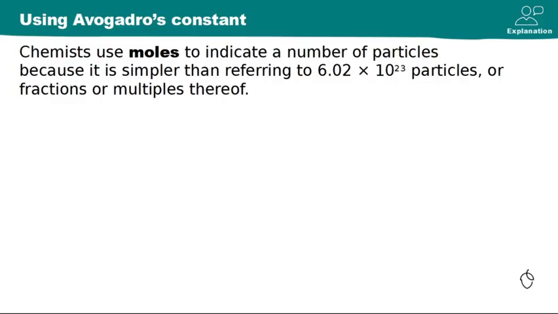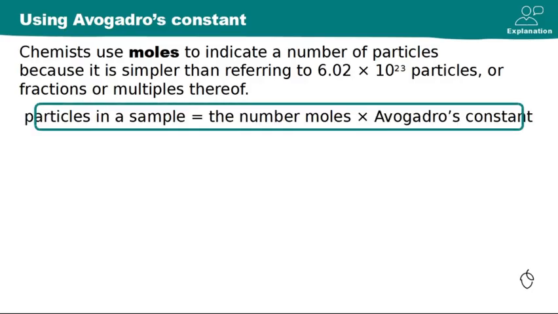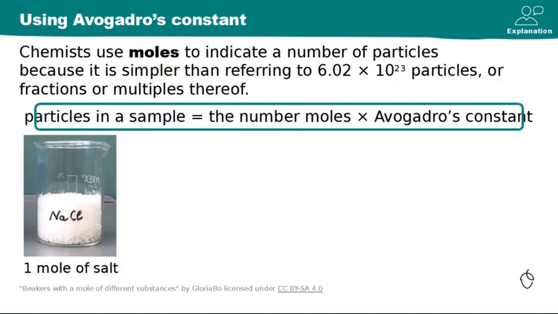Okay, so chemists use moles to indicate a number of particles because it is simpler than referring to 6.02 times 10 to the 23 particles, or fractions or multiples. So particles in a sample is equal to the number of moles times Avogadro's constant. We can calculate the number of particles that are present if we know the number of moles, and then we multiply that by Avogadro's constant.